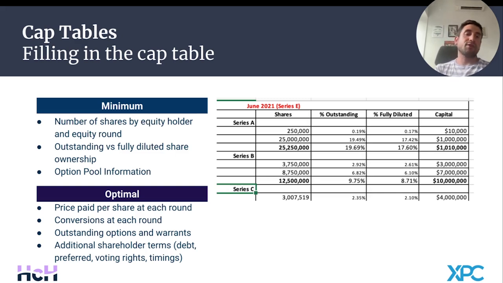And also just going through some of the other things you include in the cap table. In addition to the shares, percent outstanding, and percent fully diluted, you could include the capital. That's not typical, but it's nice to have. The price per share at each round tends to be sensitive, because you can calculate it using the numbers you have, but it can be a little disconcerting if you see that a prior investor bought shares of the company at a much lower value.